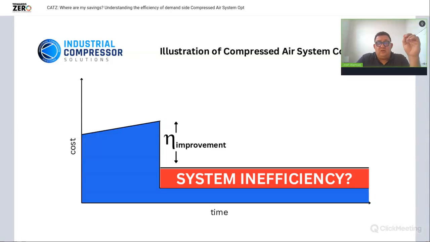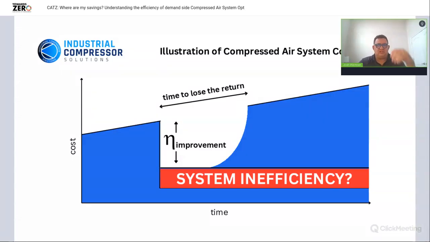I am going to be talking to you about the efficiency of these optimizations, but we're also going to be talking about the decay of optimizations. Just because we fix leaks in a system does not prevent us from having future leaks. So the rate at which that leak load returns to the size it was when we first did the leak study also is important for determining what we save and or what we don't save.